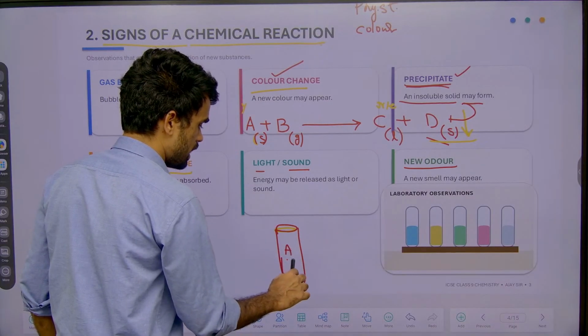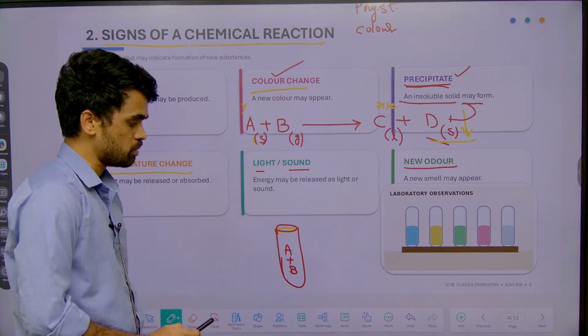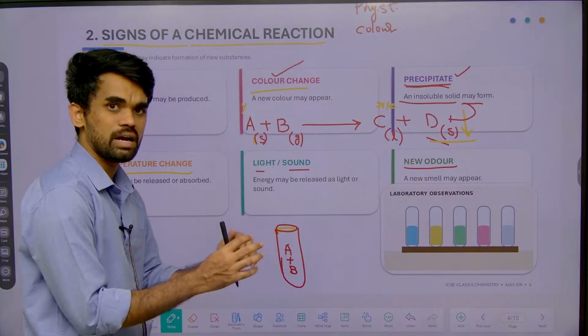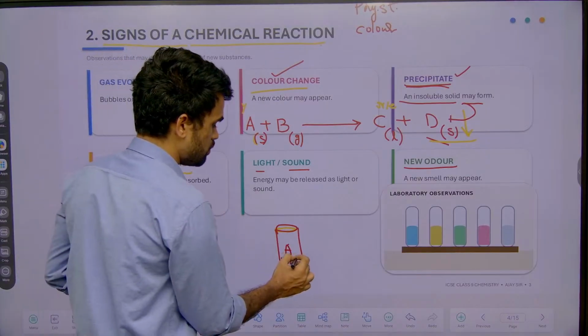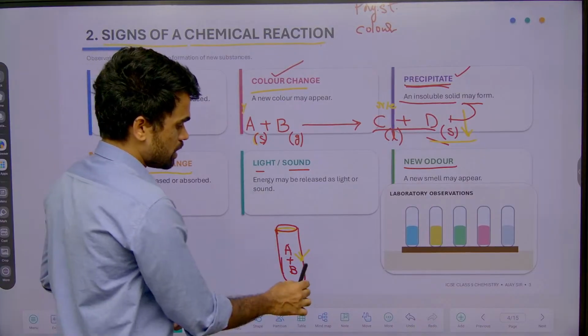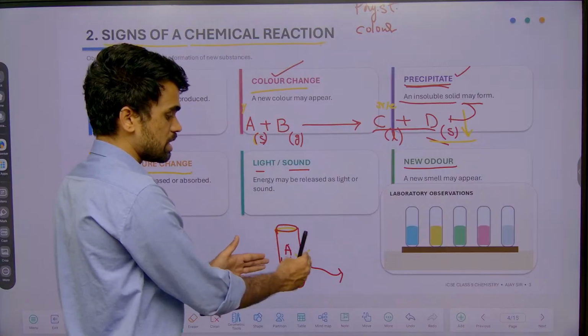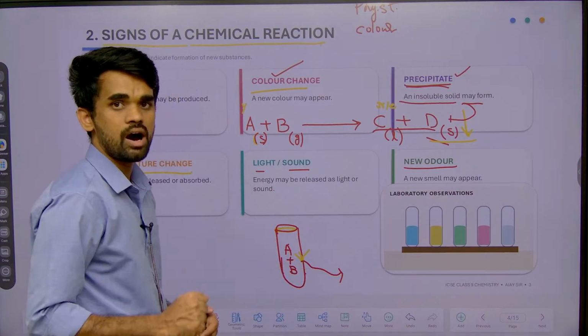You are adding A and B to this test tube. Now a chemical reaction takes place between A and B, and it may form some product like this. During the formation of the product, it may release heat outside of the test tube. So it is releasing heat now. If you touch it, you will feel hot.